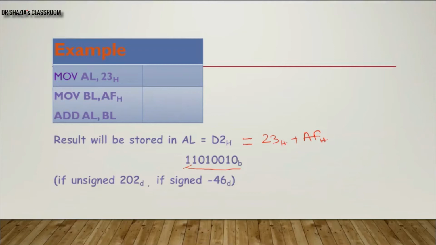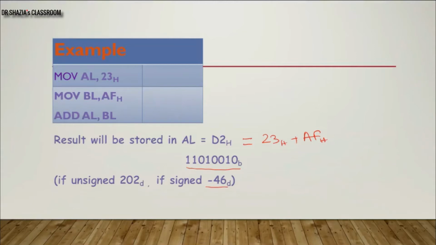And all our processors use the two's complement method. So to know the result, we will take the two's complement of this particular number, which will generate minus 46 in decimal.